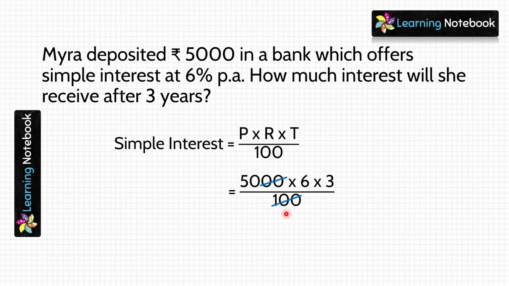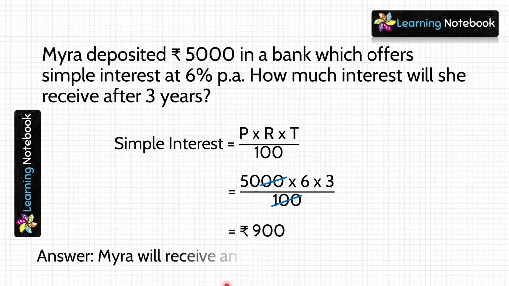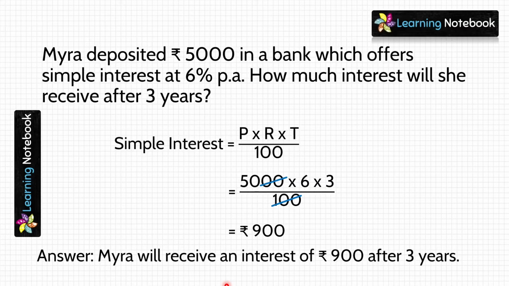Cancel 0 by 0 and we are left with 50 into 6 into 3, which is equal to rupees 900. So it means Myra will receive an interest of rupees 900 after 3 years.